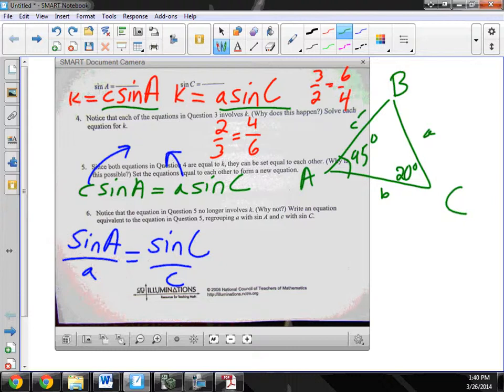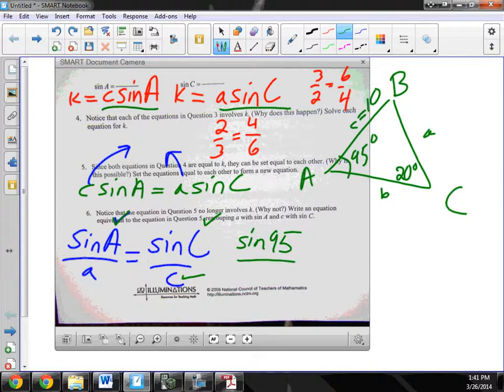So if I told you that little c was 10, then I can solve for little a. If you look at your formula, I have this, and I have this, and I have that, so I can solve for little a. So all I have to do is fill it all in. So the sine of 95 over a, my unknown, is equal to the sine of 20 over 10.